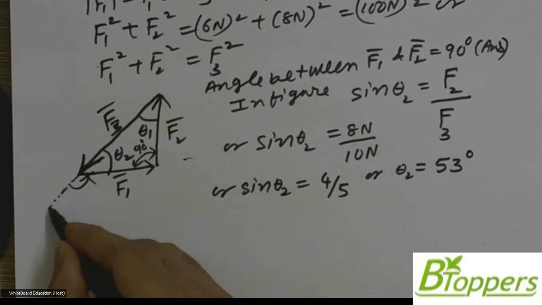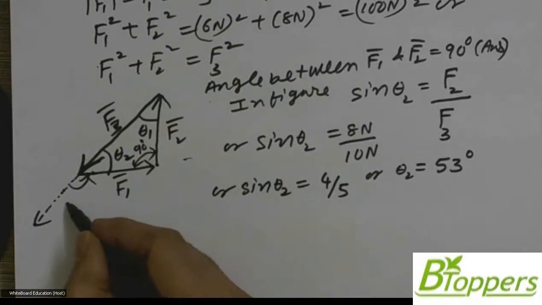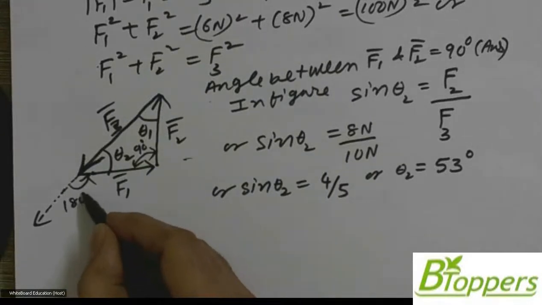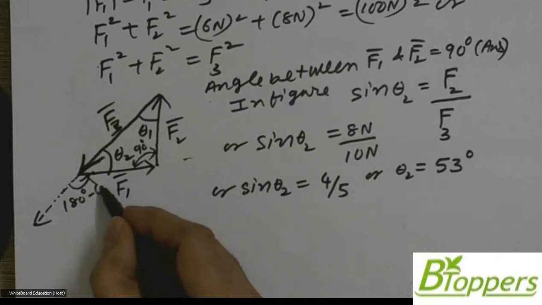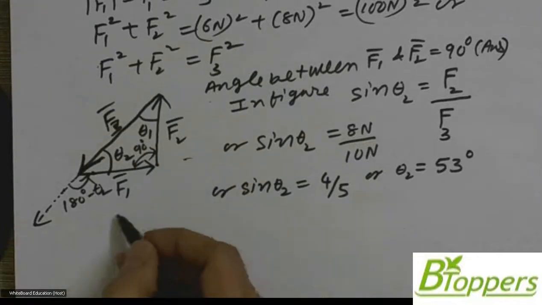So if you attach the tail of F3 bar with the tail of F1 bar, then this angle will be equal to 180 degrees minus theta 2.